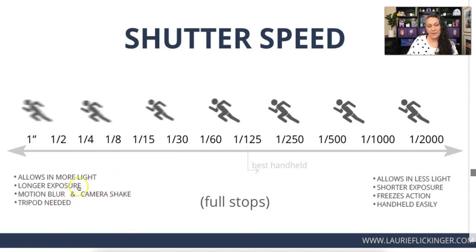And here's another important thing to know, which is camera shake. Camera shake is different from motion blur. Motion blur is the blur of your subject moving, which is what we're trying to do. Camera shake is when you're holding your camera, or sometimes on a tripod you accidentally hit it or it's windy, and the camera is slightly shaking during that exposure time.